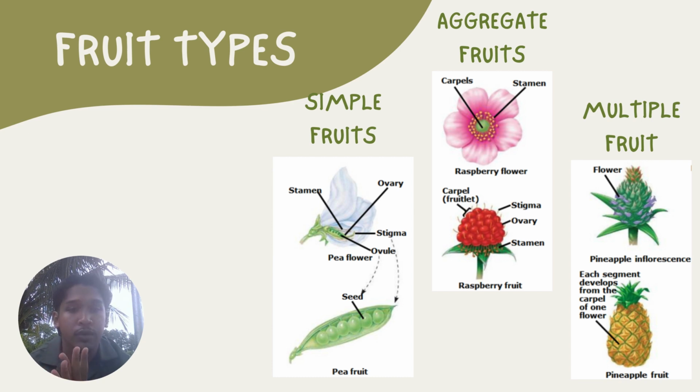And multiple fruit is many flowers combined together to become one single fruit. Each segment developed from the carpels of one flower, so you can count how many flowers are needed to make one single pineapple. So this is the types of fruit and how the fruit is made from the flower.